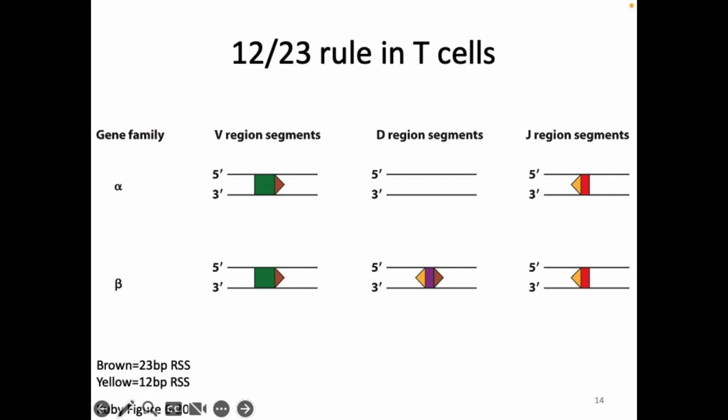I think I drew that correctly. Yeah, I did. So you might now, as you look at this in the T cell, have two questions for me about what happens in VDJ recombination in T cells. So what questions might you have for me about what might happen in VDJ recombination in T cells?